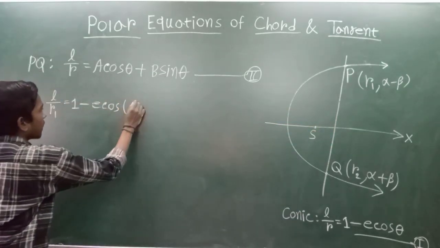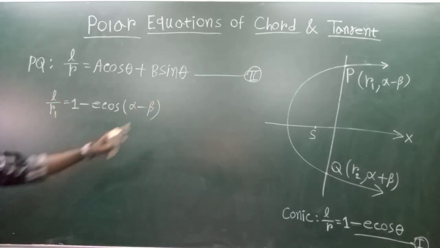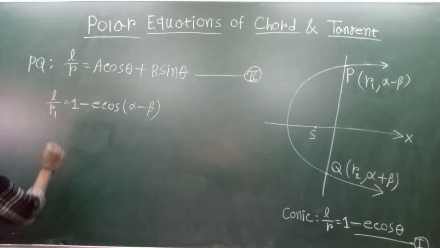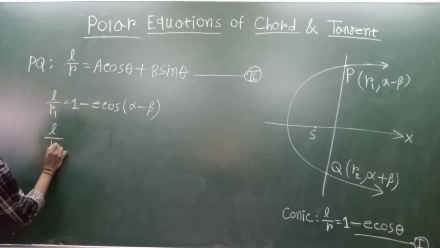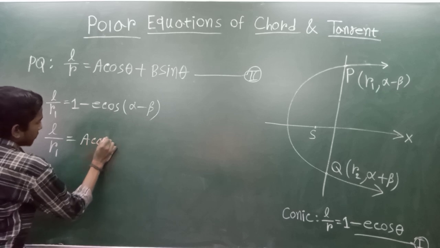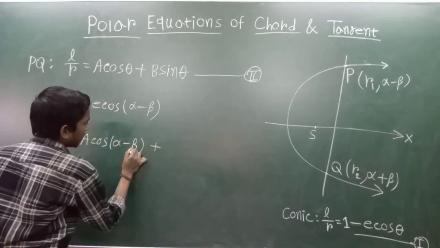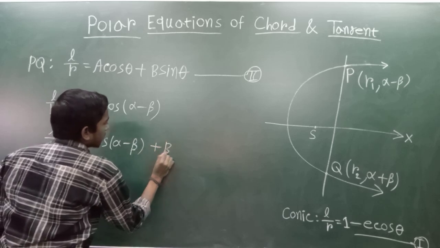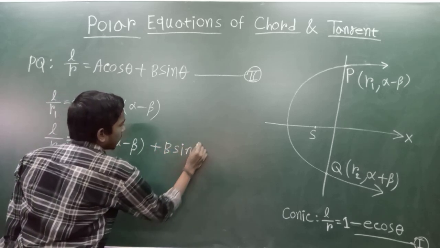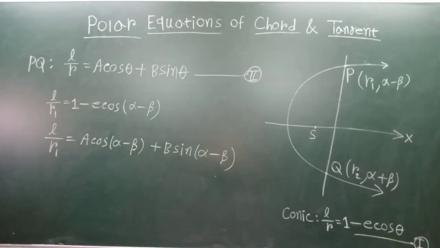And if we put P in equation 2, we get l by r1 equals A cos alpha minus beta plus B sin alpha minus beta. These are two equations.